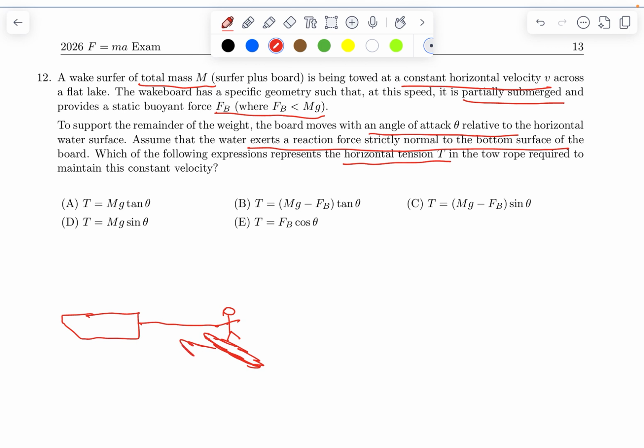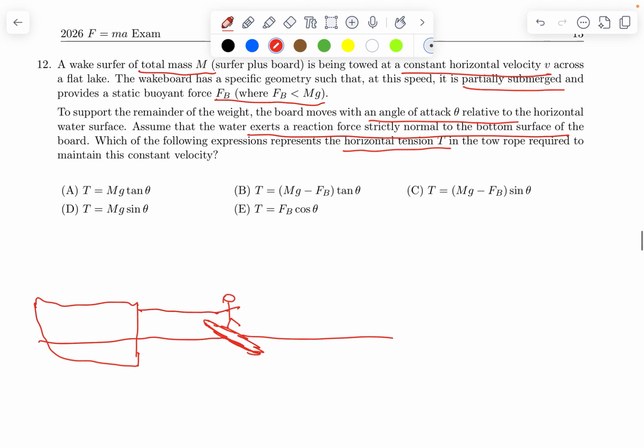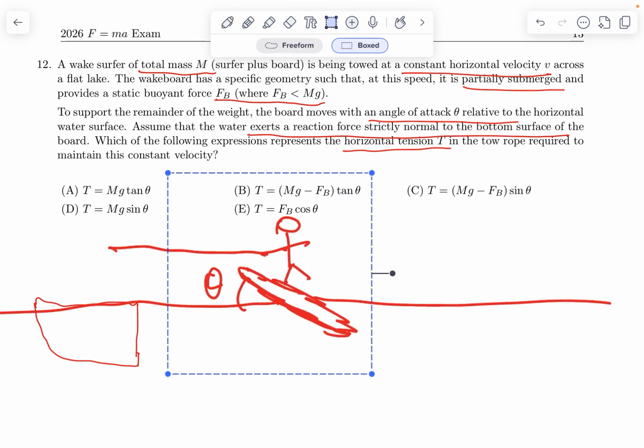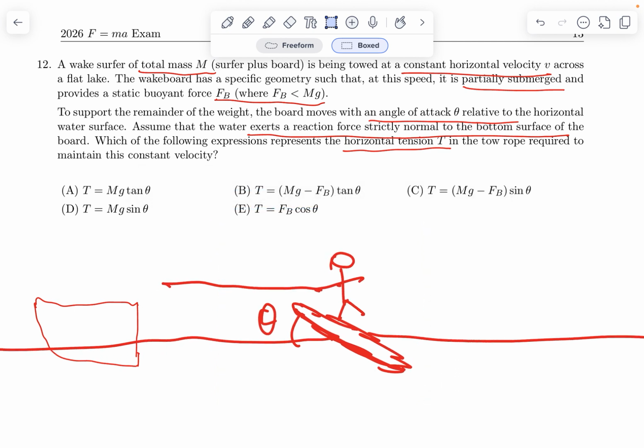So if this is the water surface, he's being towed like this. So this is the angle theta. Now, if I zoom in on this, okay, so he's being towed, right?